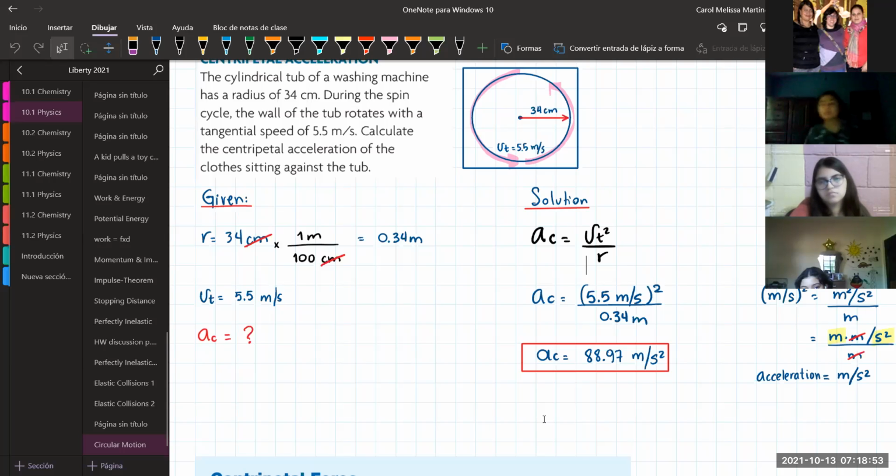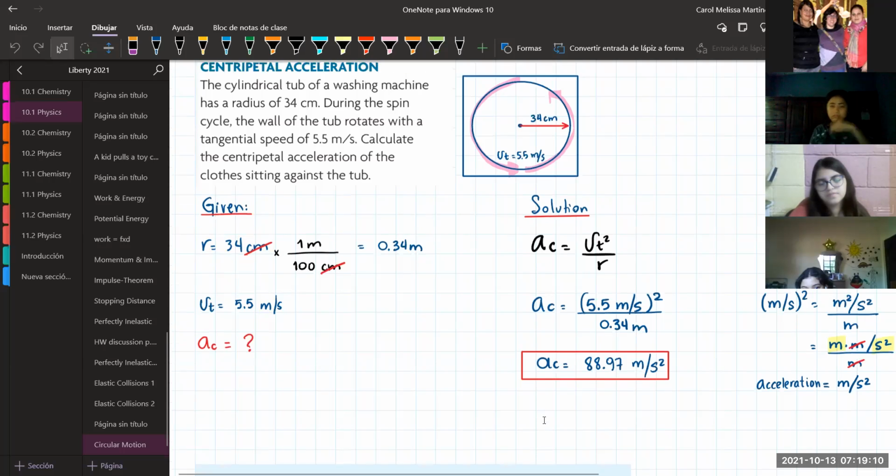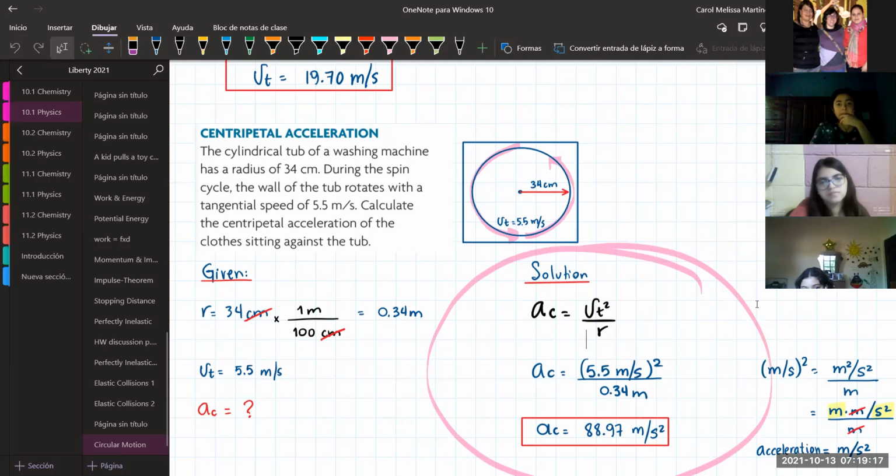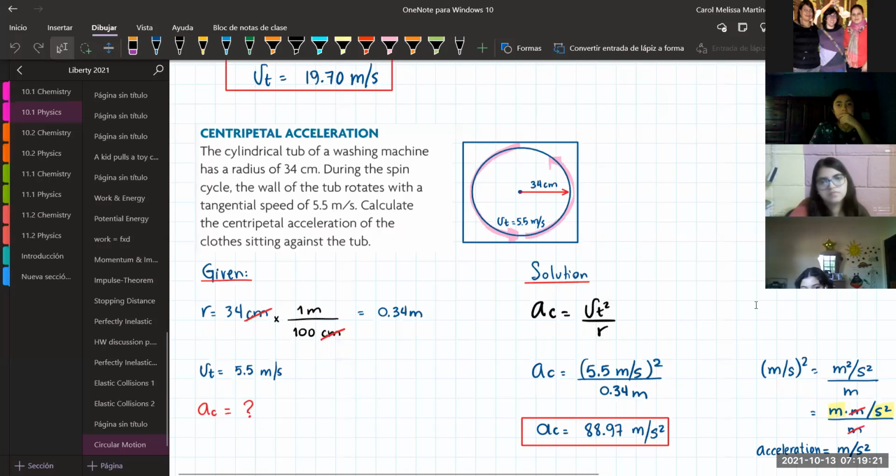I mean, if I'm giving you the radius in centimeters and the velocity in meters, the units don't match. Always try to make the units match. And voila, that will be it. You can see the procedure actually is very simple. And since I already gave you the isolations, all you have to do is plug in the givens. That will be it for centripetal acceleration.